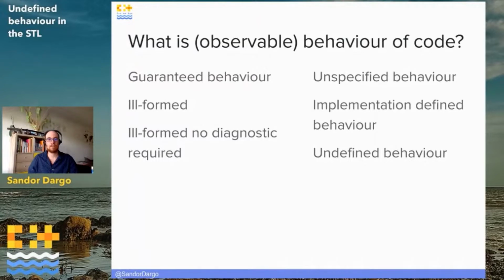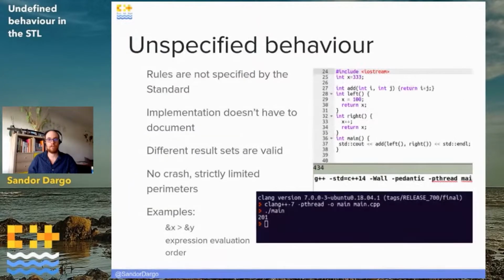So let's start first with the unspecified one. What is unspecified behavior? Rules are not specified by the standard, no surprise here. And even the implementation, the compiler, doesn't have to document it.